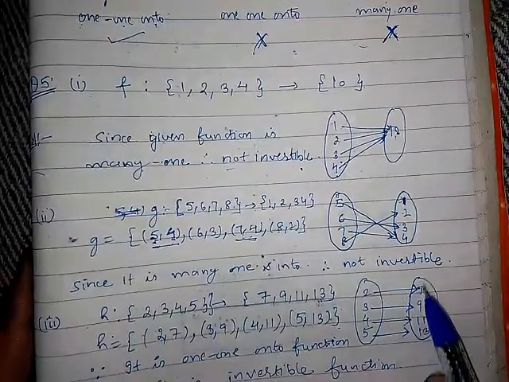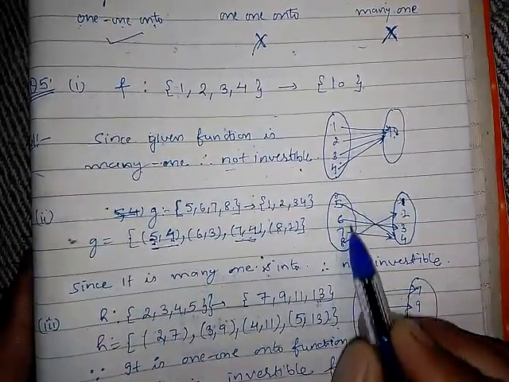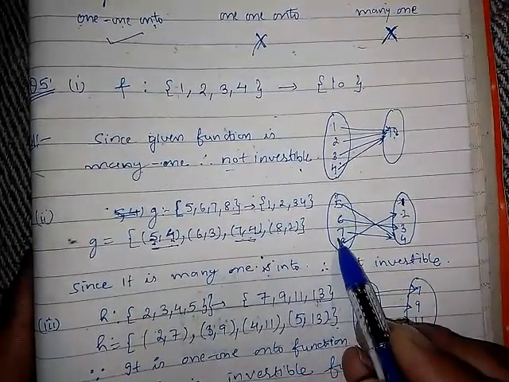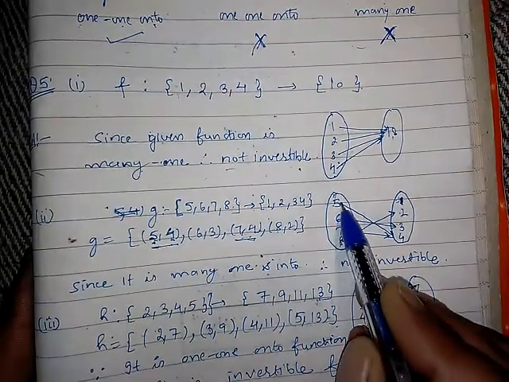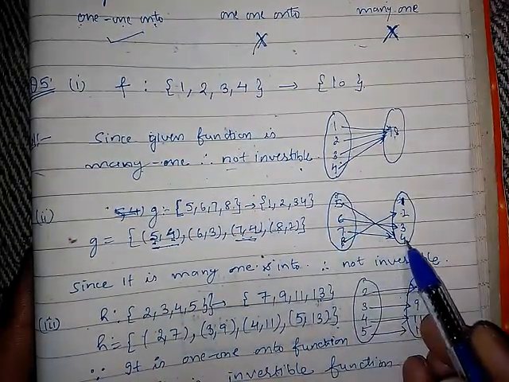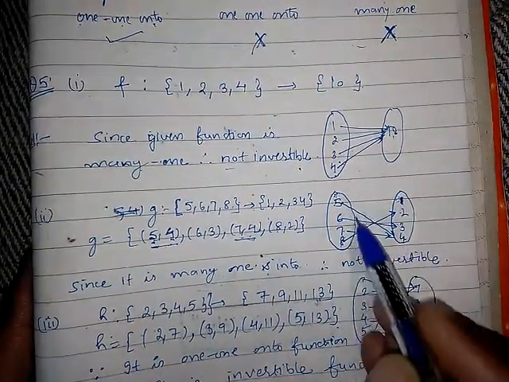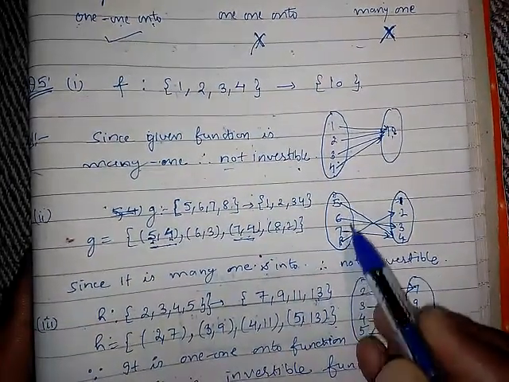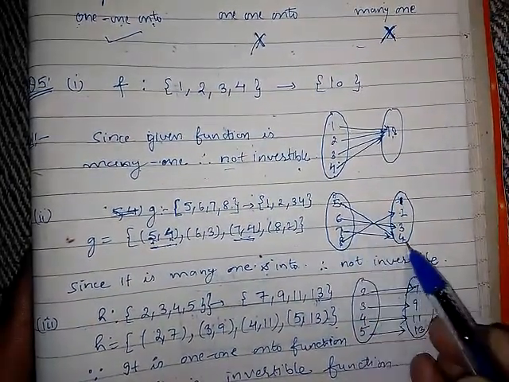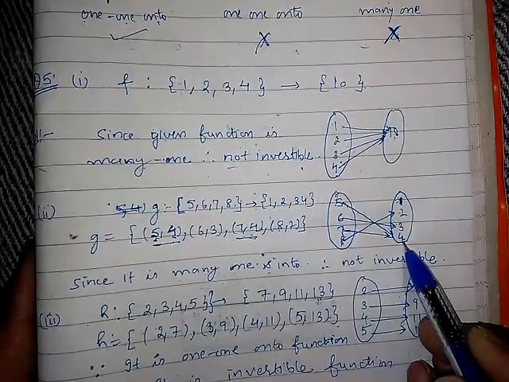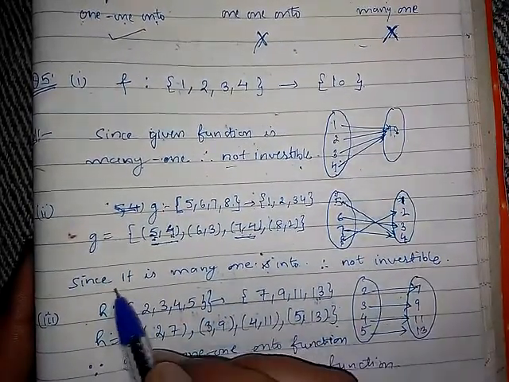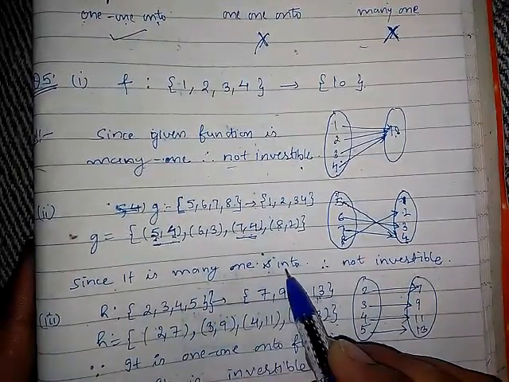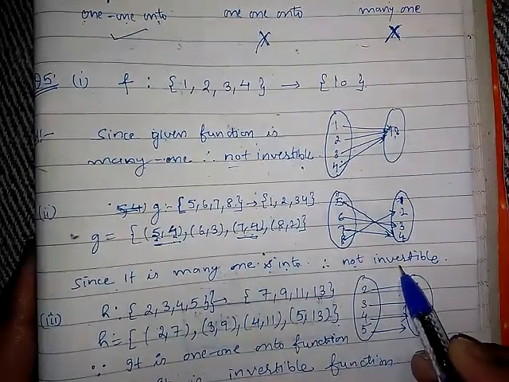So see, out of these, 7 and 5 both have 4 as their image. Because of these two elements, this becomes a many-one function, right? So it is a many-one function and not invertible.